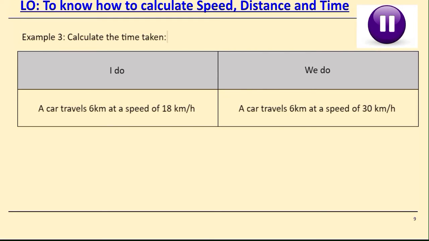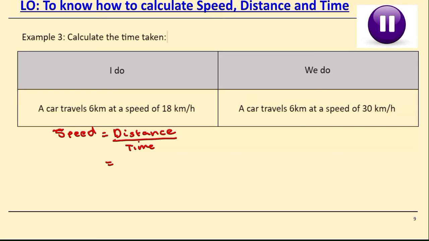With this question, we're actually going to have to rearrange the equation. So, when we rearrange the equation for speed, we're going to have to first write out the original equation and make time the subject.